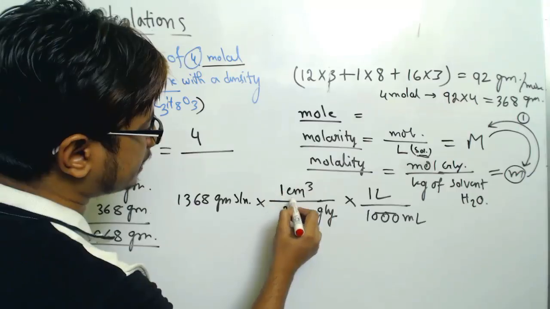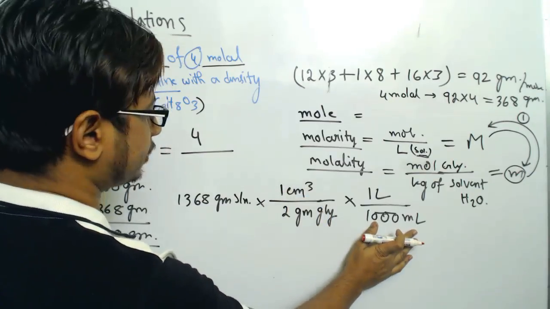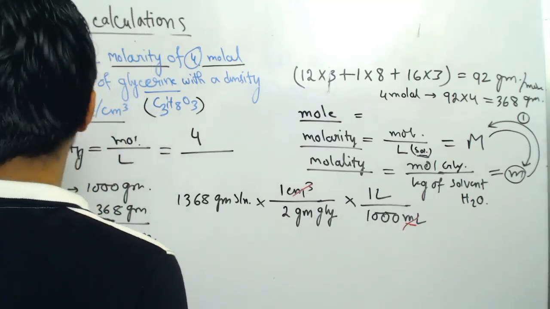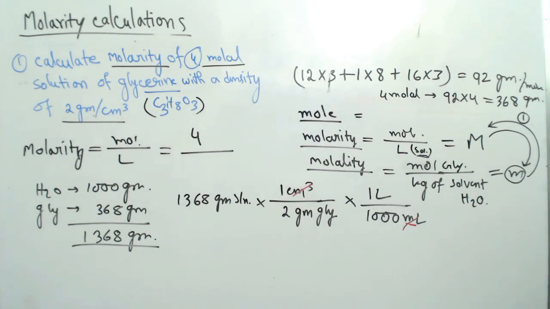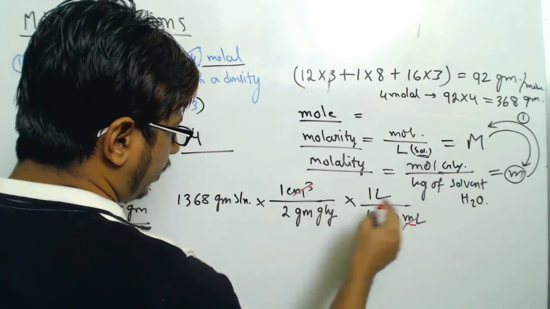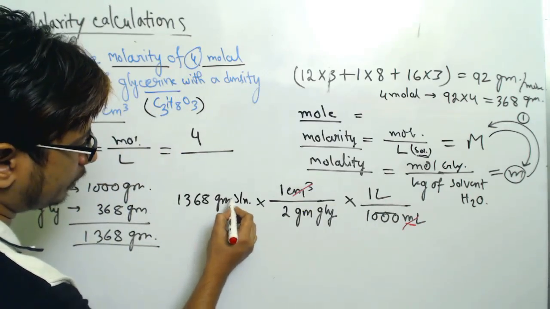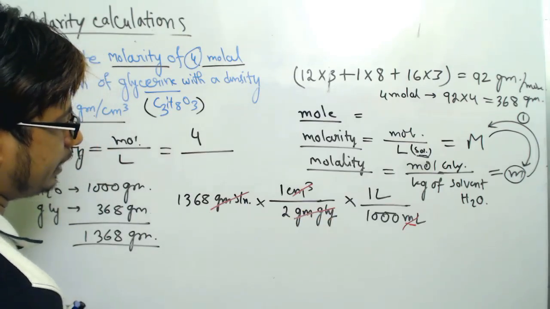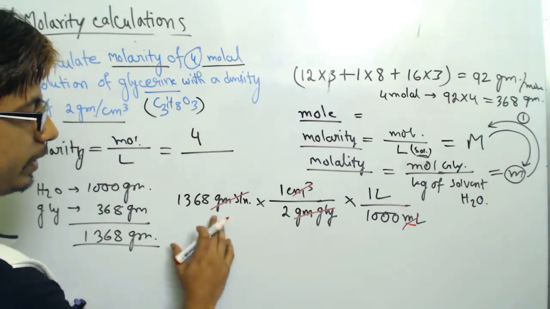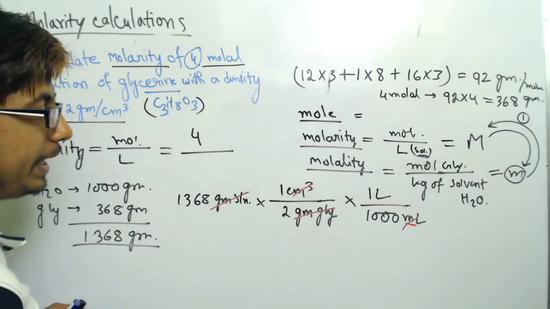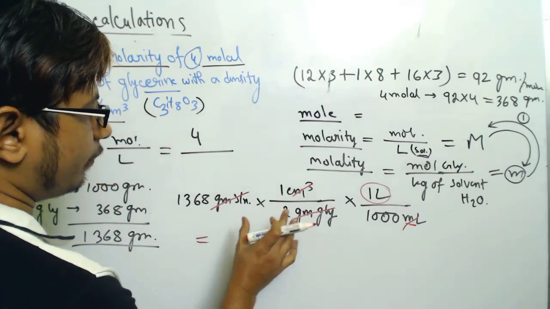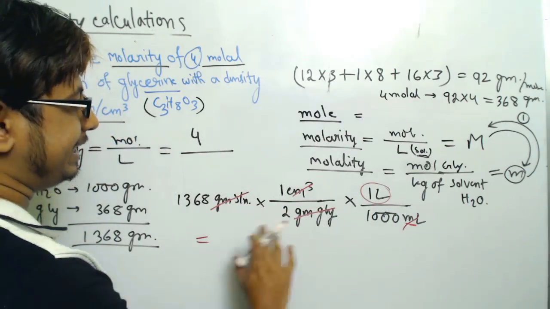For example, this cubic centimeter will cancel this milliliter out in both cases. On the other hand, the gram of solution will cancel the gram here also, so they will cancel each other out. Ultimately the only unit left is liters, so we are going to get the volume in liters.